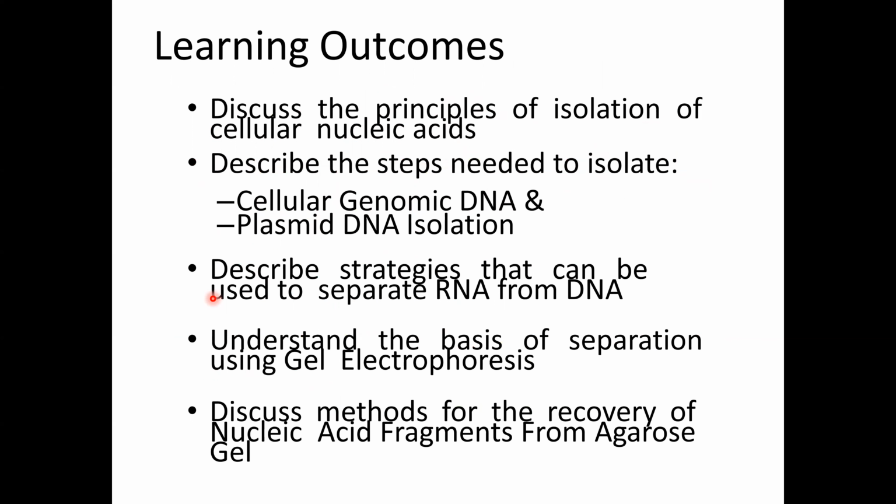The students are also expected to describe the different strategies that can be used for the separation of RNA from DNA. Additionally, we're going to discuss the basic understanding of separation using electrophoresis. And lastly, we're going to discuss how to recover the nucleic acid fragments from your agarose gel.